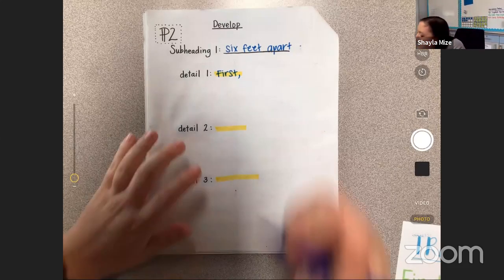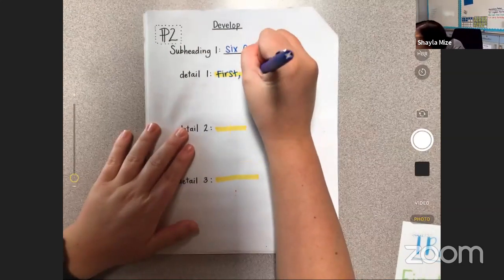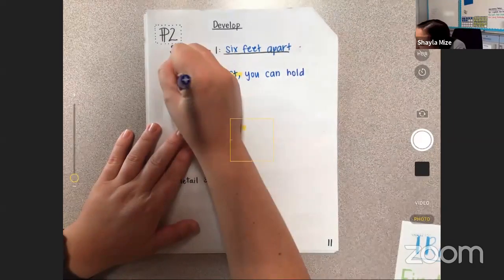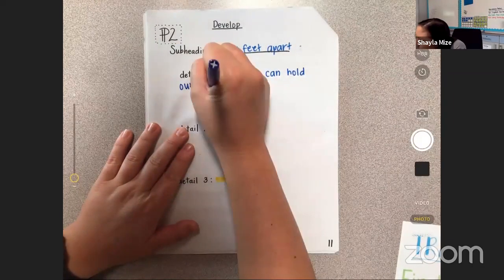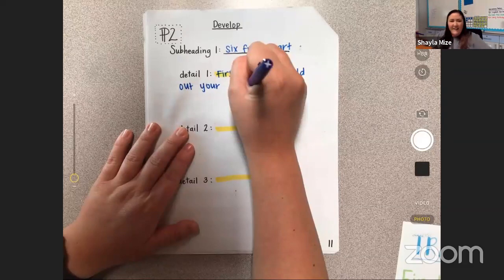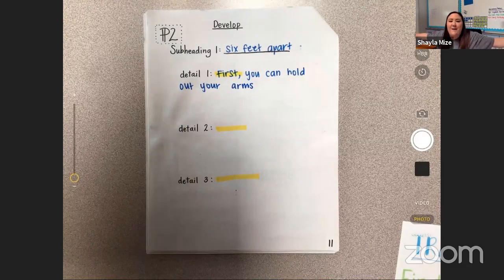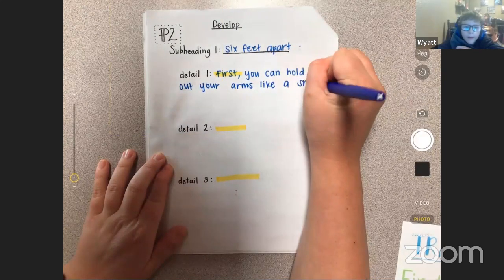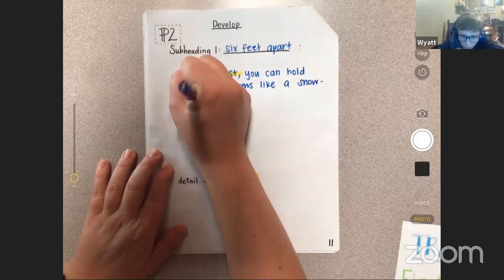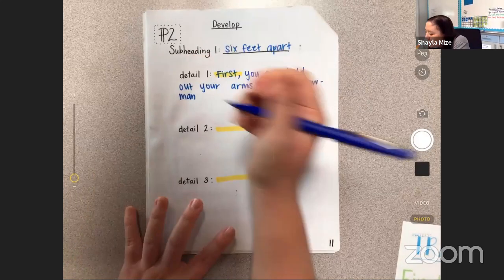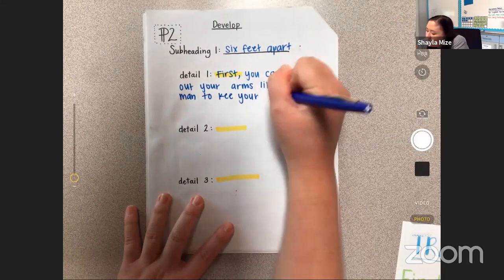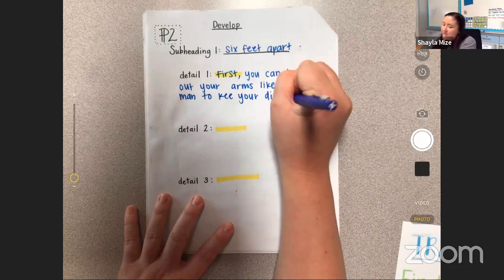So I would say first, you can hold out your arms, kind of like a snowman kind of has his arms out, like a snowman, to keep your distance. So that's my first detail.